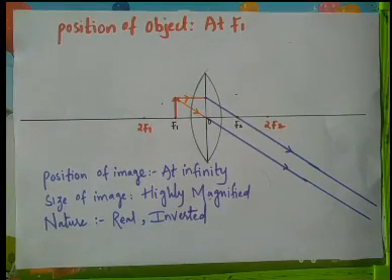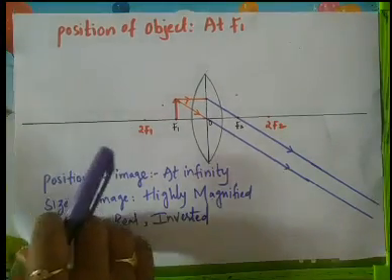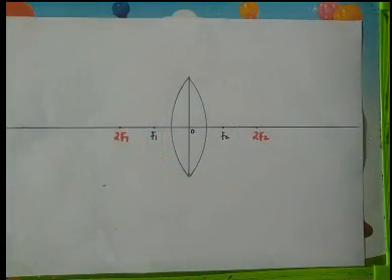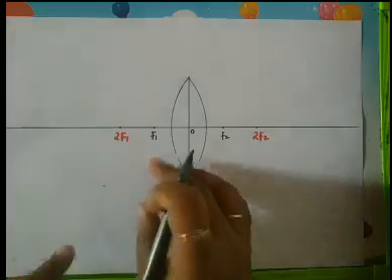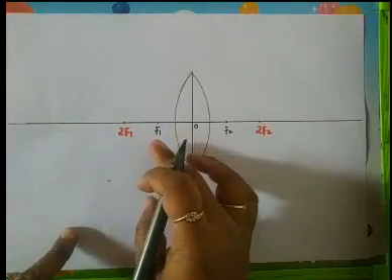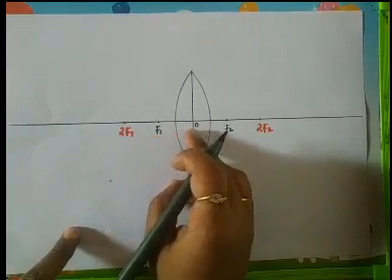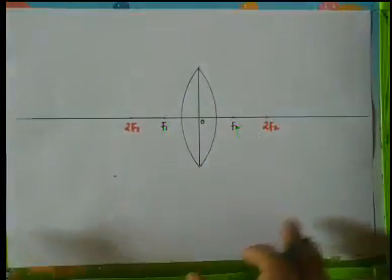Okay. Now let's take the next case. Now I am going to keep the object between F1 and optical center.